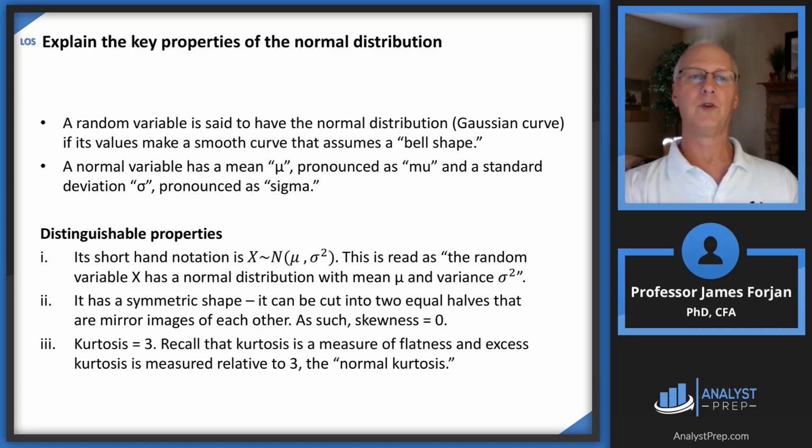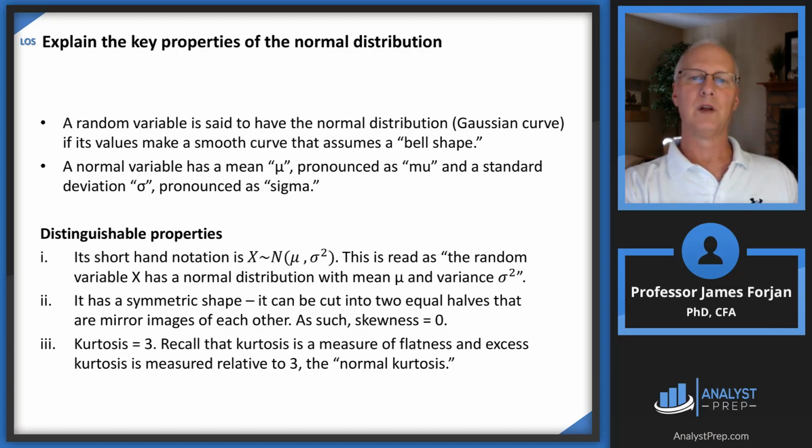But normal distributions, of course, have lots and lots of data points right around the mean. And as those data points get further and further away from the mean, they occur less frequently. And that's the nature of the bell-shaped curve.